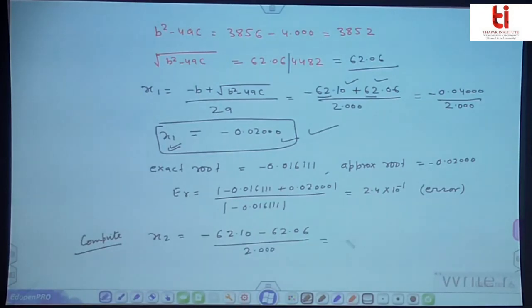After computing, the value is coming out to be minus 124.2 upon 2.000, that is minus 62.10. This is the other root x2, and the actual root is minus 62.08390. So this x2 is close to the actual root.